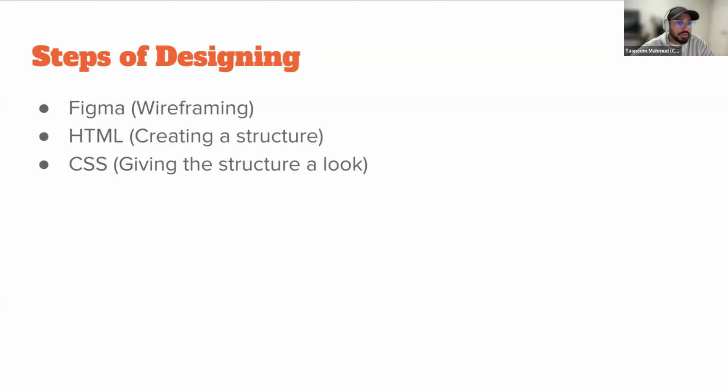Wireframing is very important. And when it comes to wireframing, Figma is a very useful tool used almost everywhere. And currently, it is very trending in the job market as well. Any kind of company, they'll be using Figma to create random designs or wireframes.